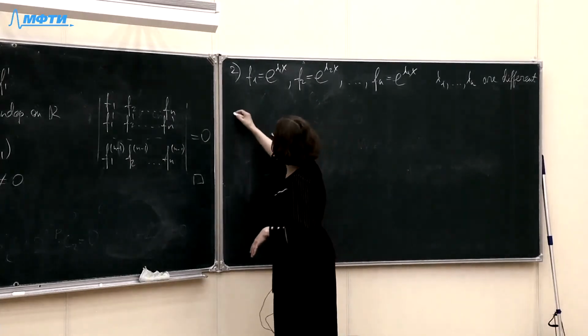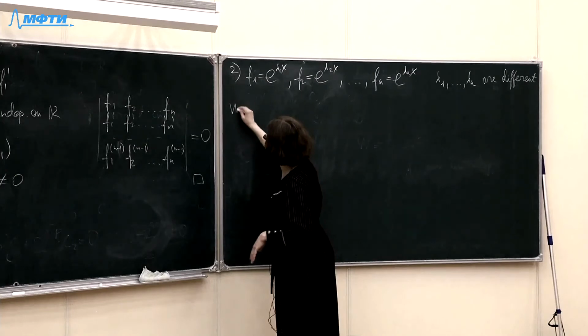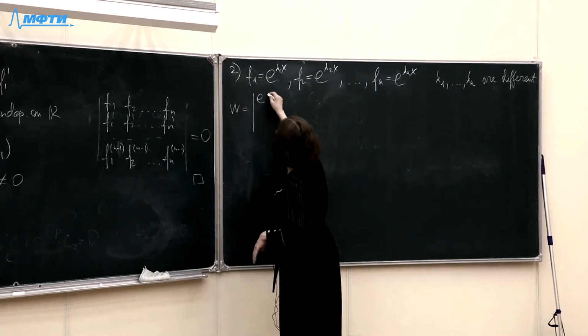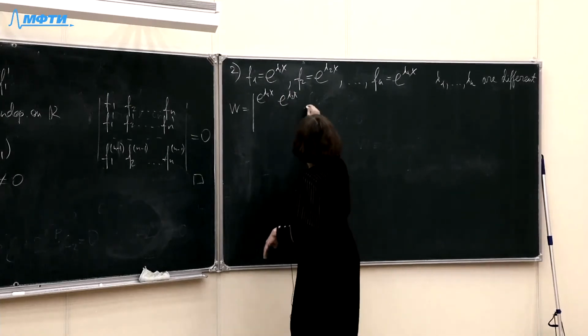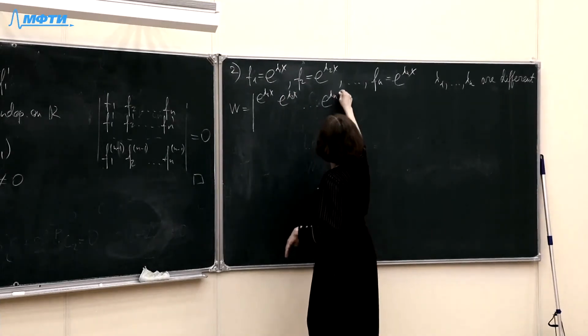Let's form the Wronskian. It will be e raised to lambda 1 x, e to lambda 2 x, and so on, e to lambda n x.